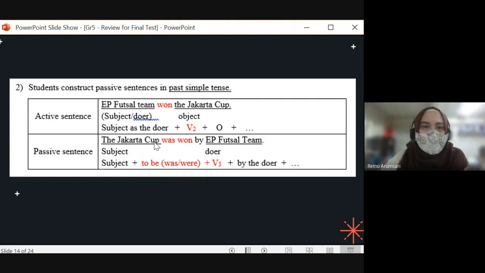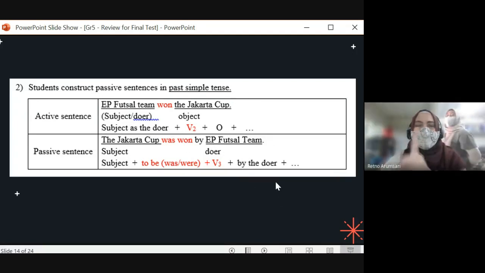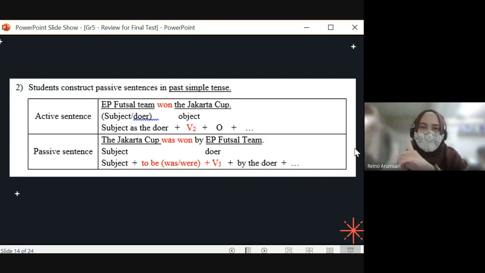The Jakarta Cup. How many cups are there? Only one. That's why you choose was, not were, right? And then after that, followed by the verb three of win, which is won, and then the doer. Okay? Be careful with the verb. Is it a verb one or a verb two?